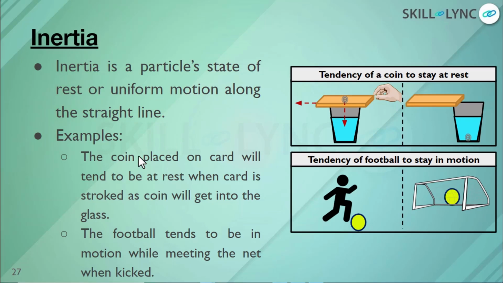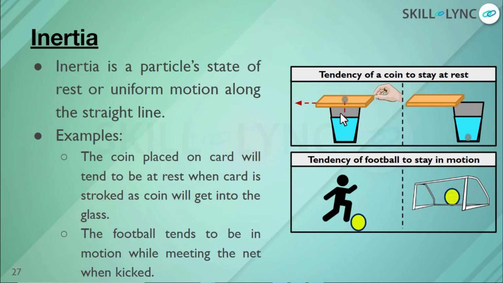The first example is the tendency of a coin to stay at rest. Example 1 details that the coin placed on the card will tend to be at rest when the card is stroked, as the coin will get into the glass. Let's try to understand this.